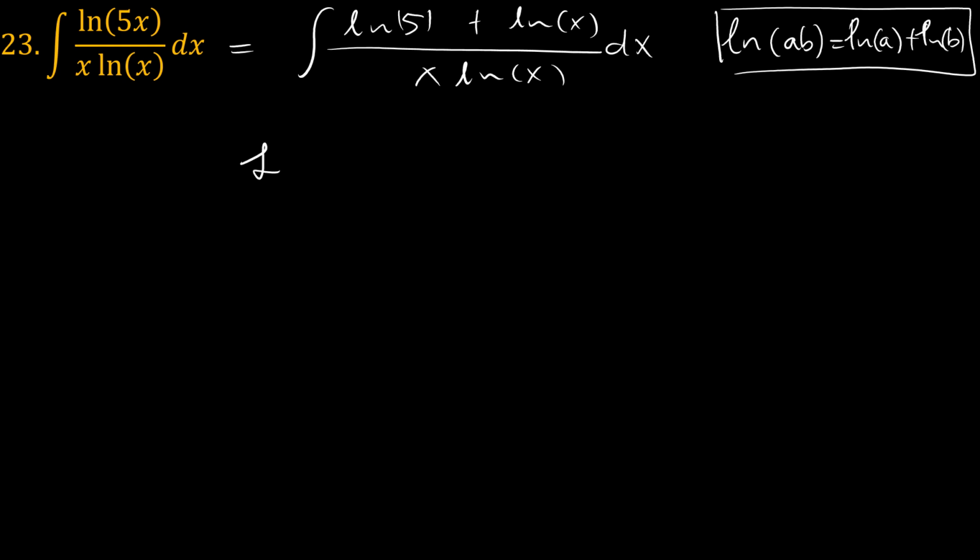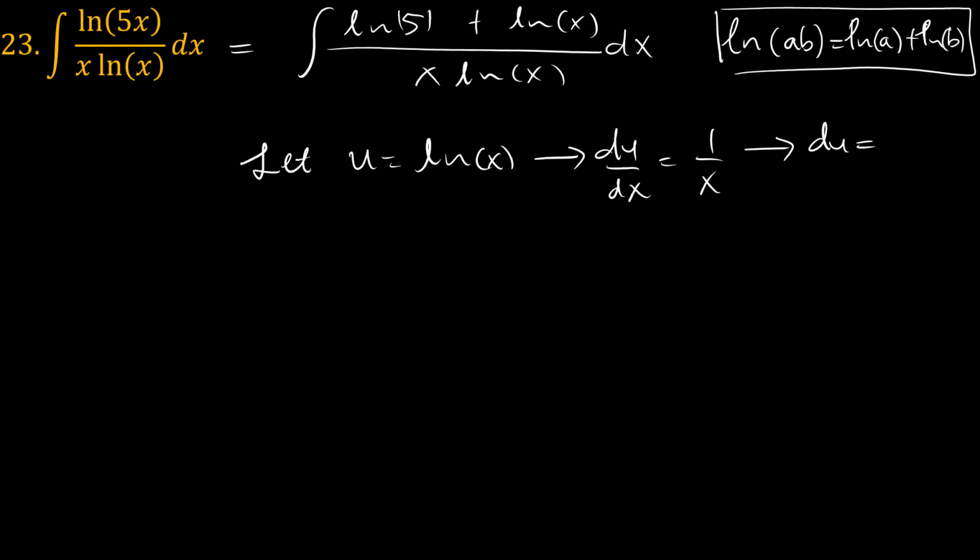Now we can say also let u be equal to the natural logarithm of x, and so du/dx is equal to 1 over x, and so du can be used to substitute for dx over x, an important point for us.